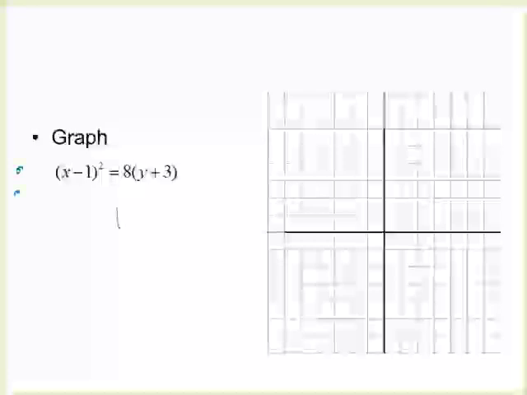All right, so this one is a parabola again because only one of the variables is squared. The variable that is squared is x, which means that this one is a vertical parabola. We're going to plot our vertex, which will be at the opposite of the numbers in the parentheses, (1, -3).